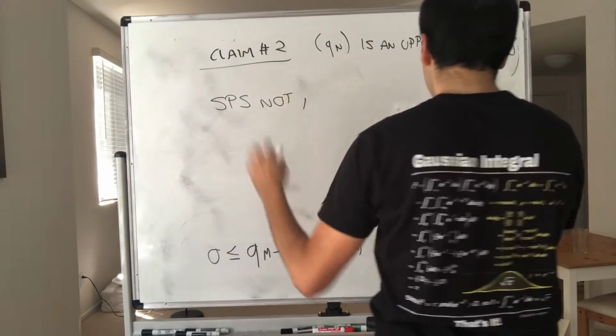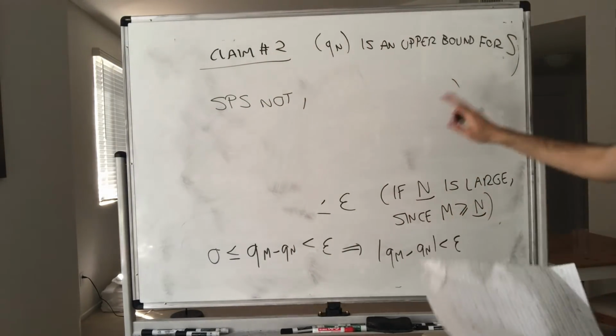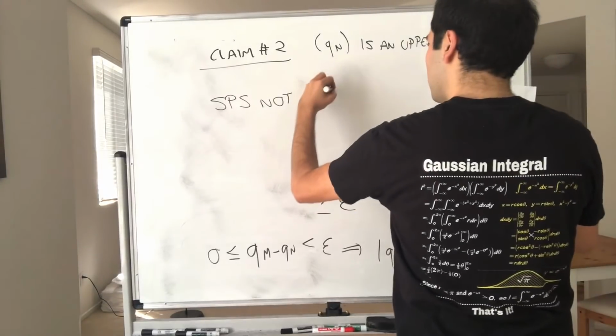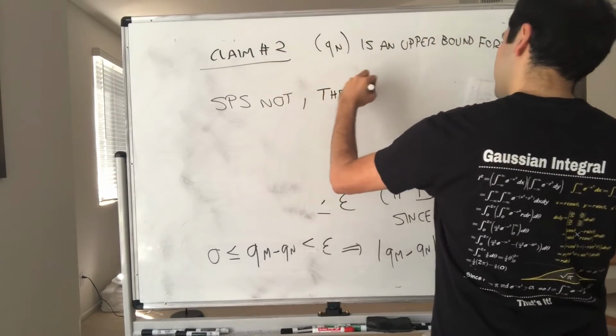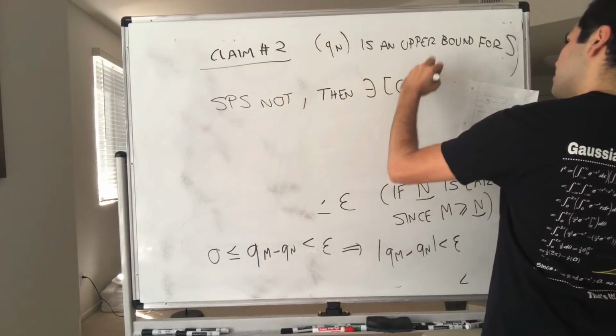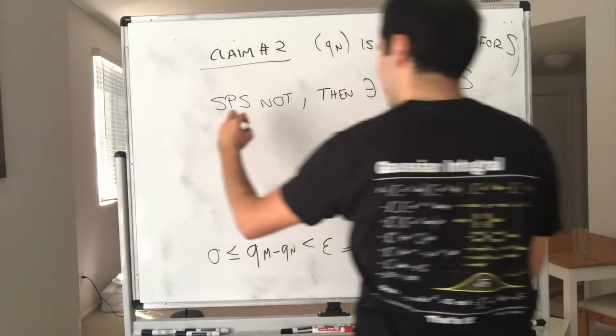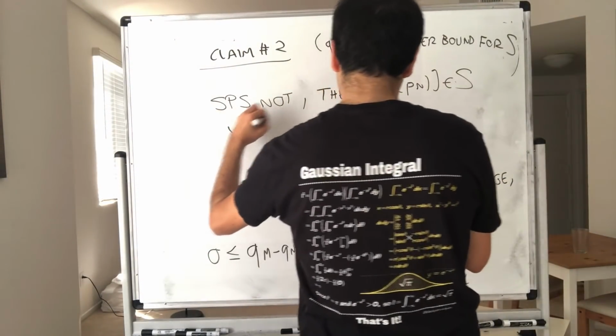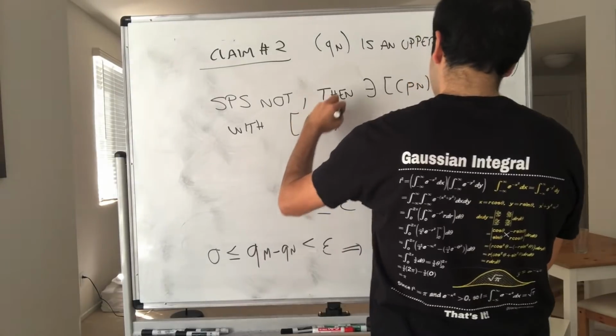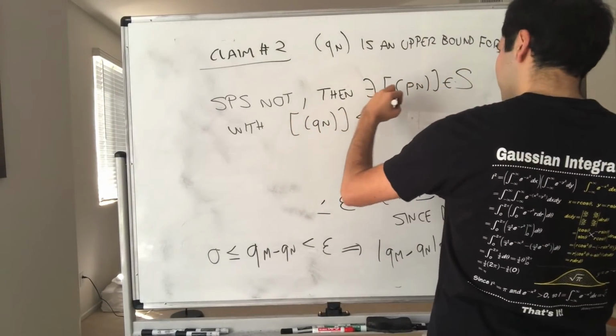Then it means there's an element in S that's bigger than Qn. Then there is some sequence Pn in S with Qn less than Pn.